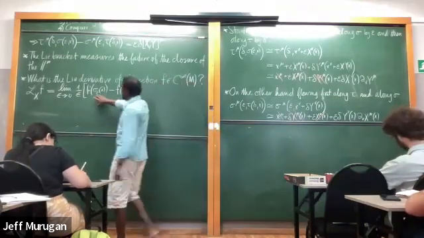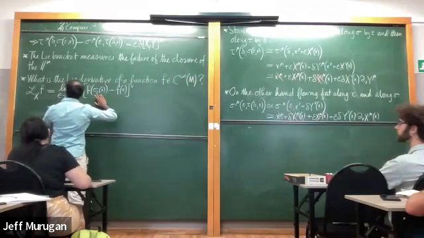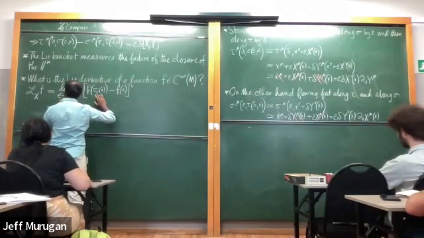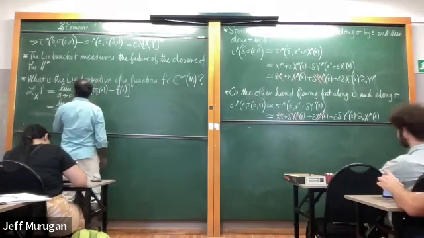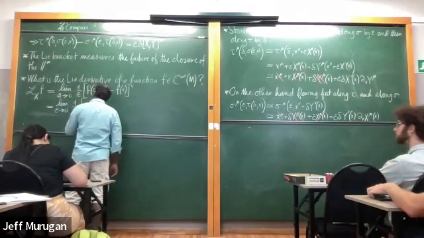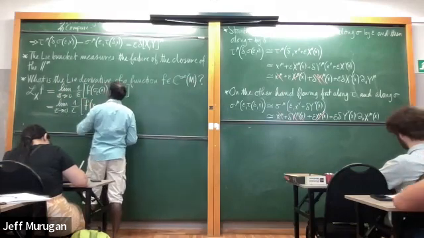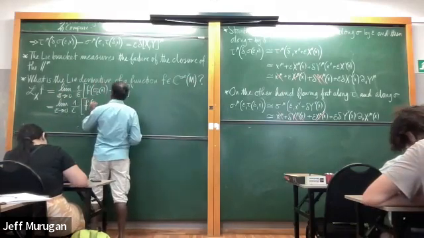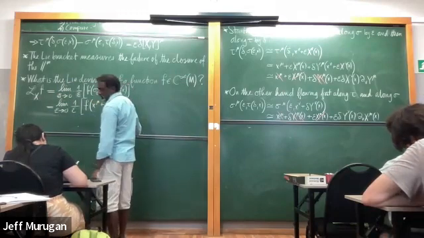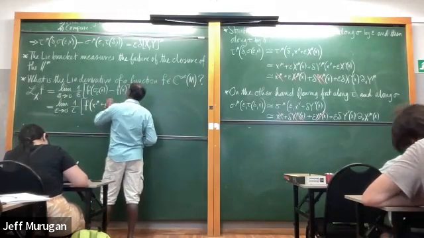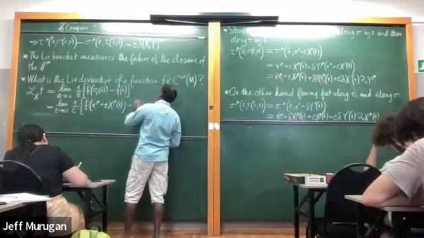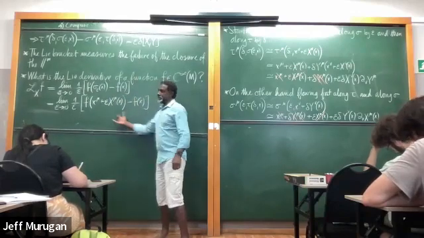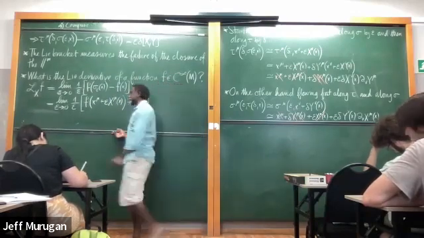Again, when epsilon is small, this is f at x mu plus epsilon capital X mu of x minus f of x, and then I can Taylor expand this f.